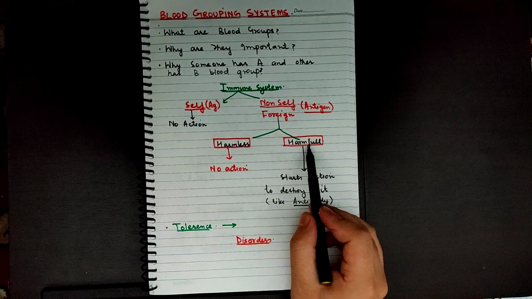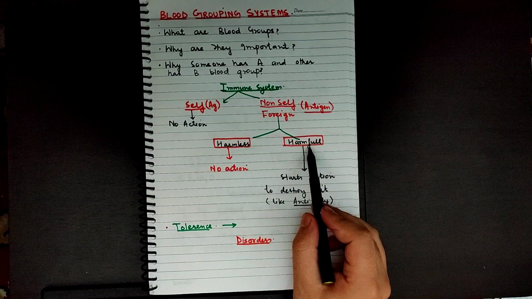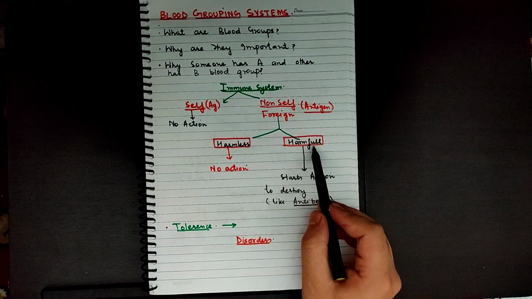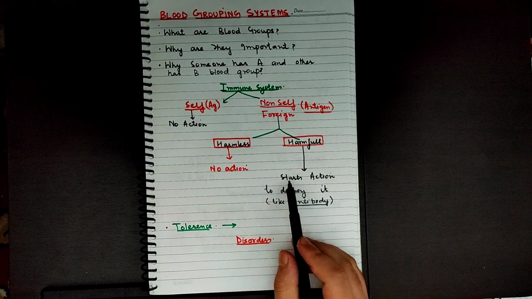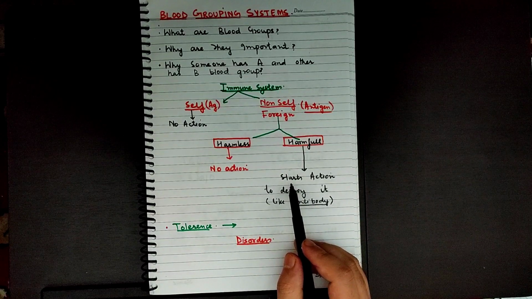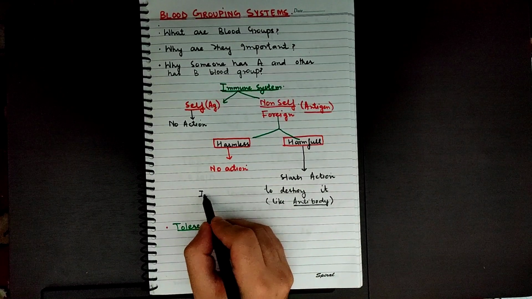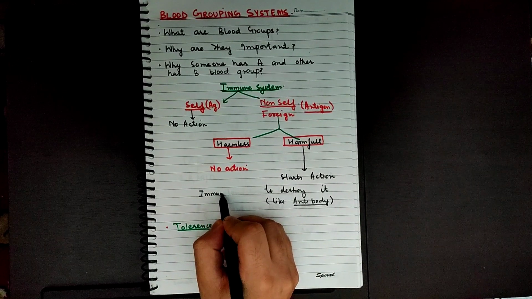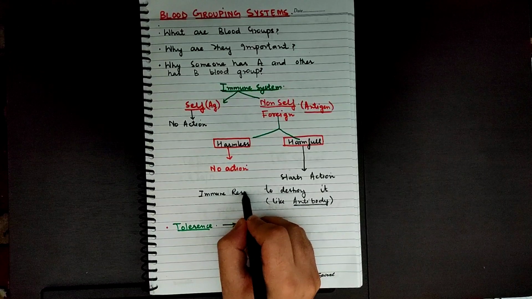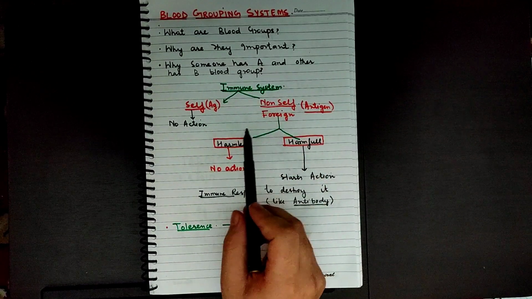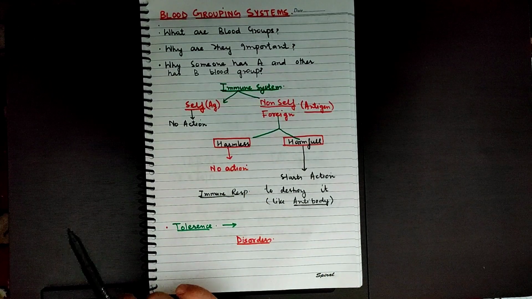But if the foreign substance is harmful, अगर बाहर से आने वाला antigen harmful है, the immune system starts its action, and that action is known as immune response. So our immune system checks self and non-self. If it's self, the immune system has no action. If the foreign substance is harmless, again the immune system takes no action.